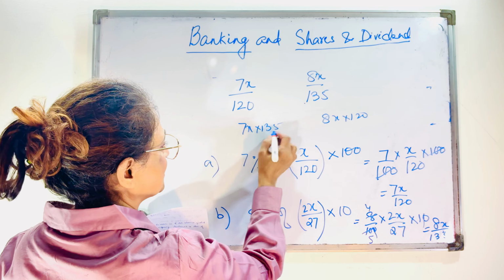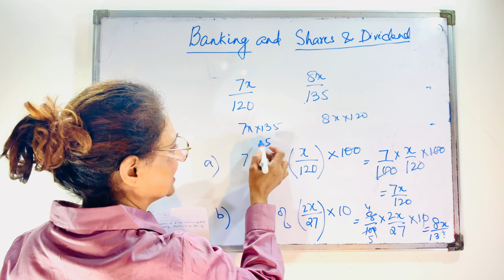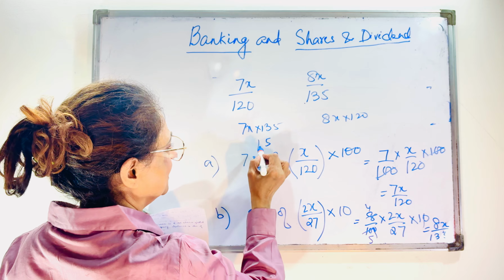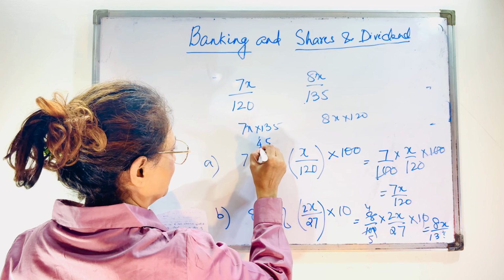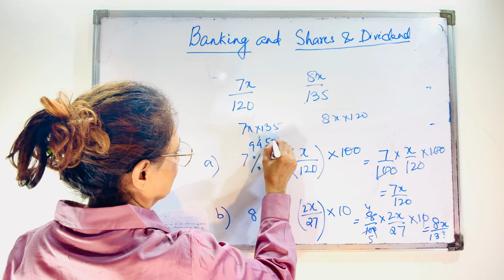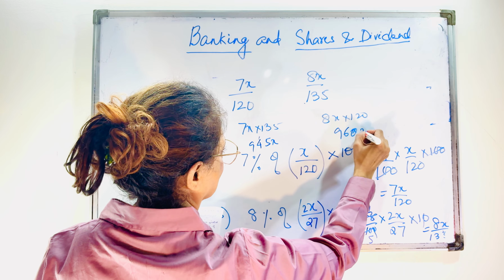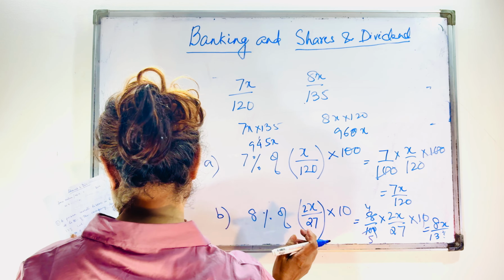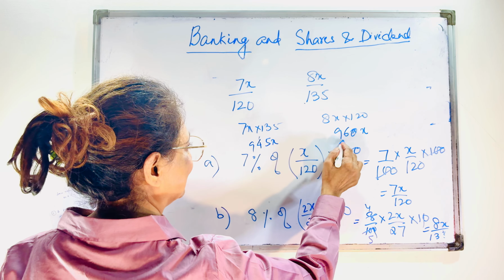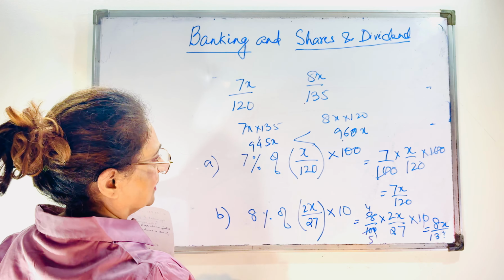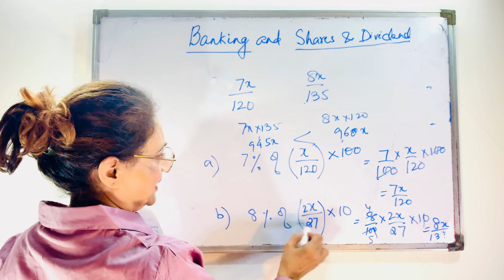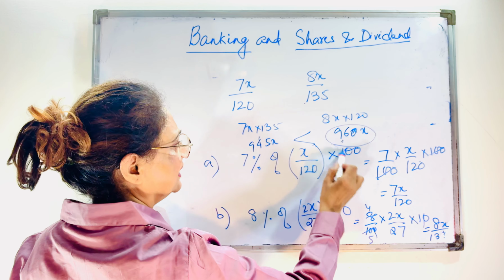So 7 5s are 35. You can check that, okay? 7 3s are 21, 24, 7. Okay? So which one is greater? This is greater. So this is a better investment, the second one, because a person is earning more.